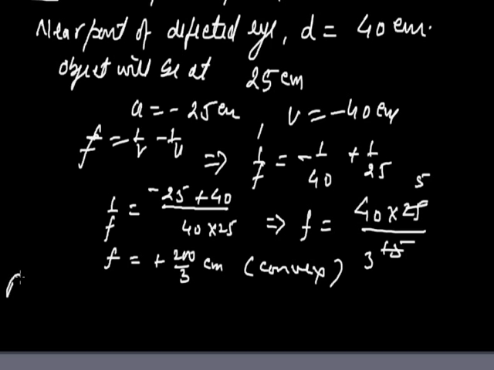For the far point, small d is at 3 meter.